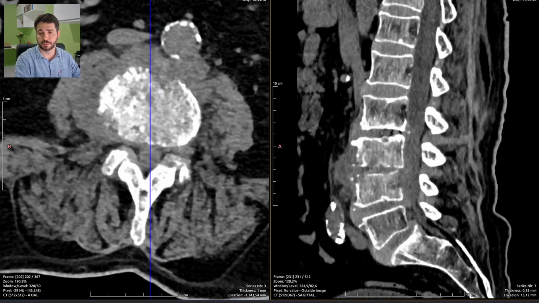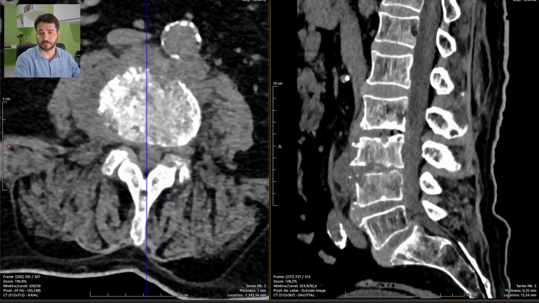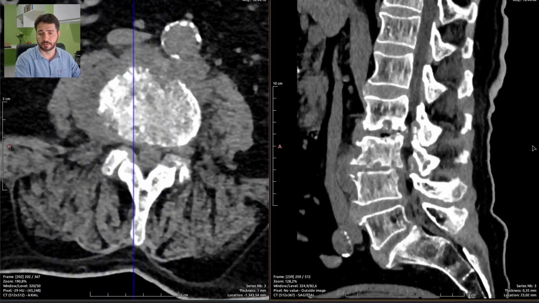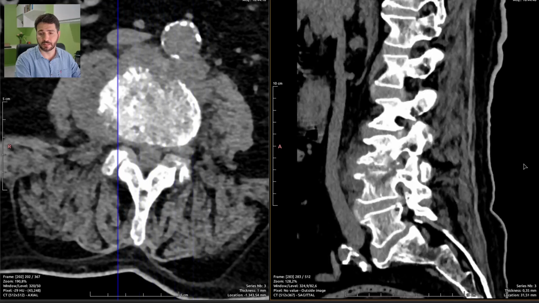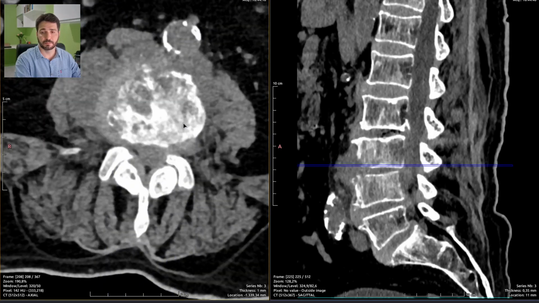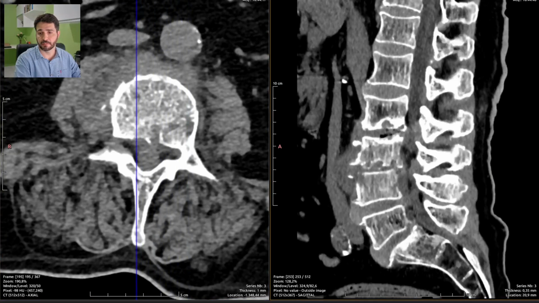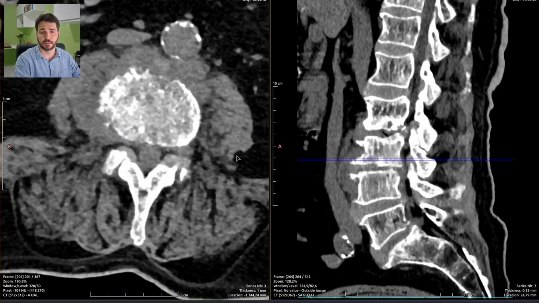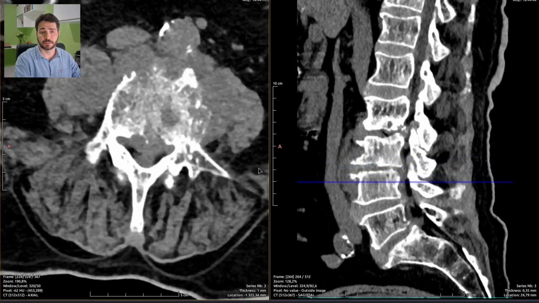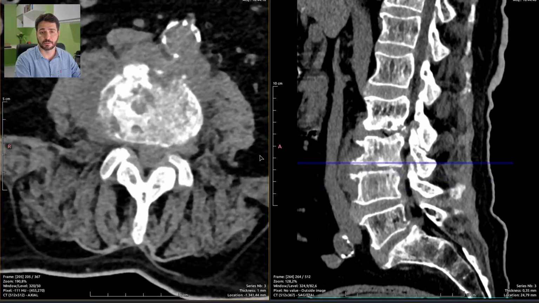So this could be indeed a case of secondary disease, some kind of metastatic disease, which could be much more clearly evaluated on MRI scan with contrast injection, of course.